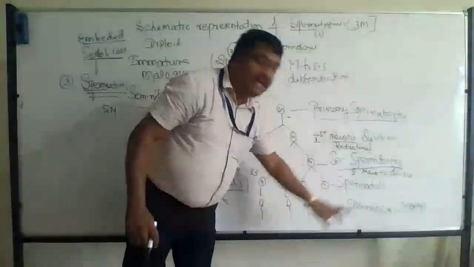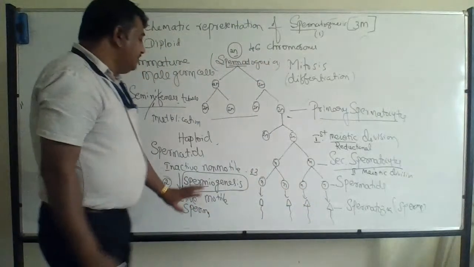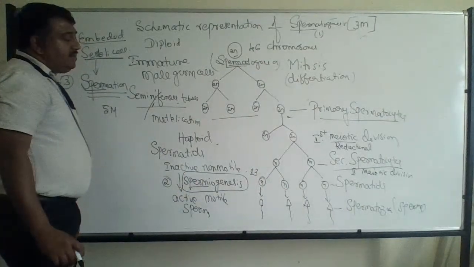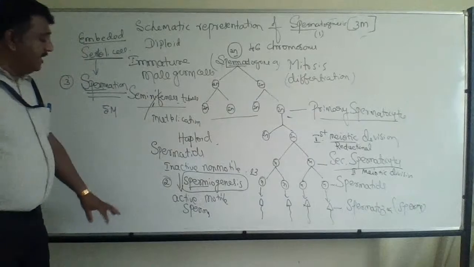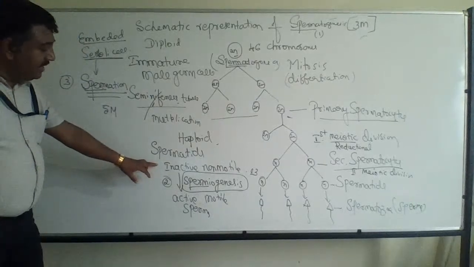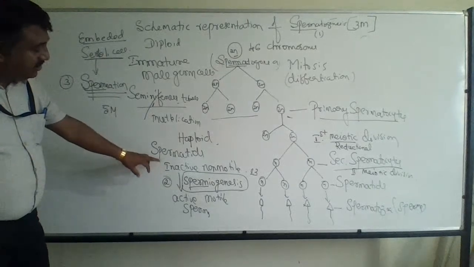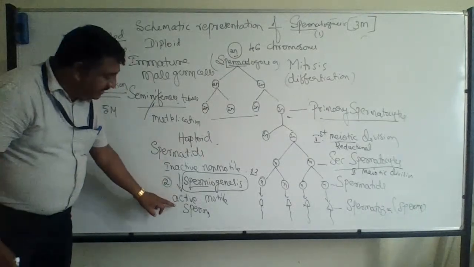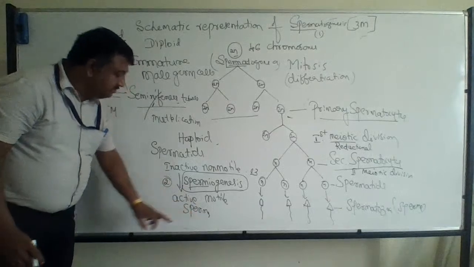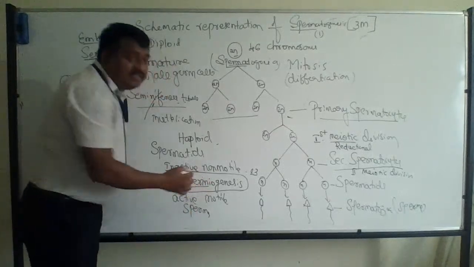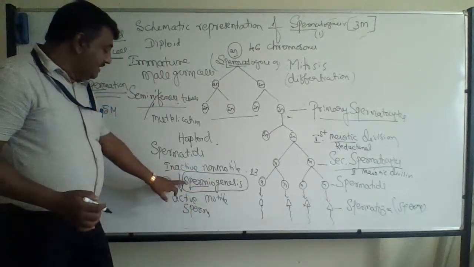They are called spermatids, and these 4 spermatids are non-motile and inactive. This non-motile and inactive spermatid is converted into an active motile sperm by the process we call spermiogenesis.